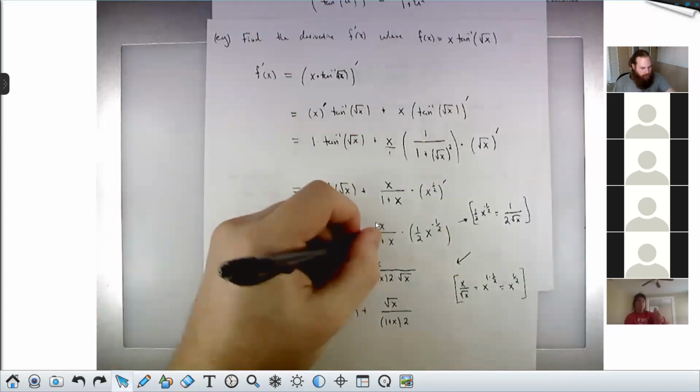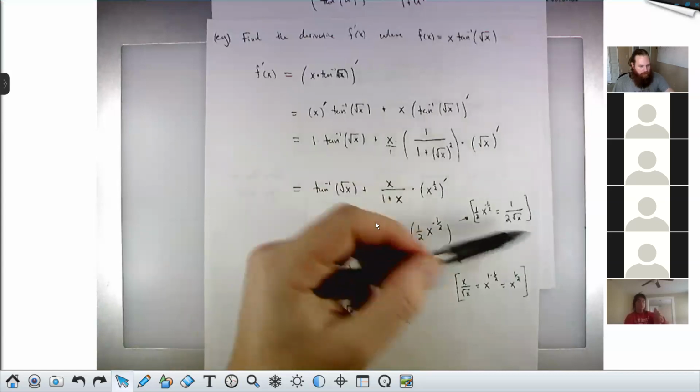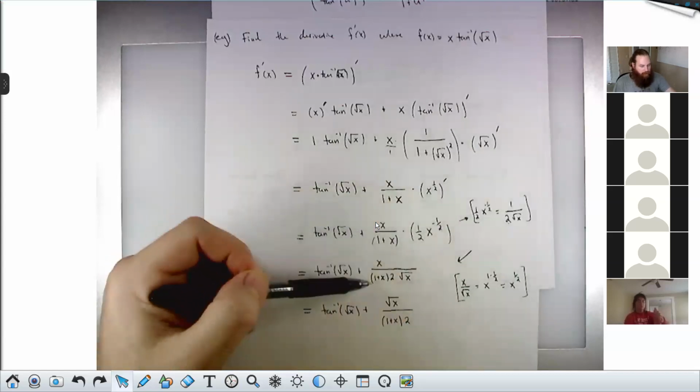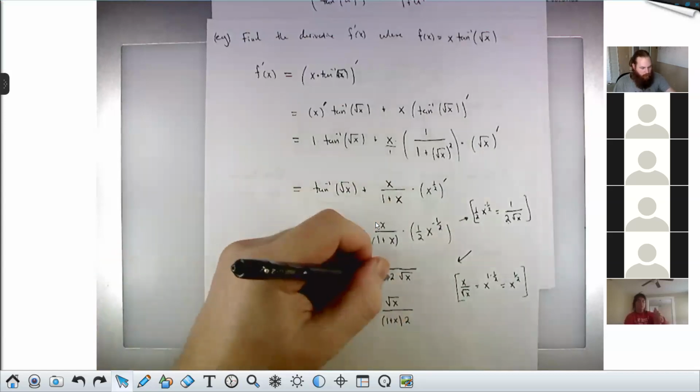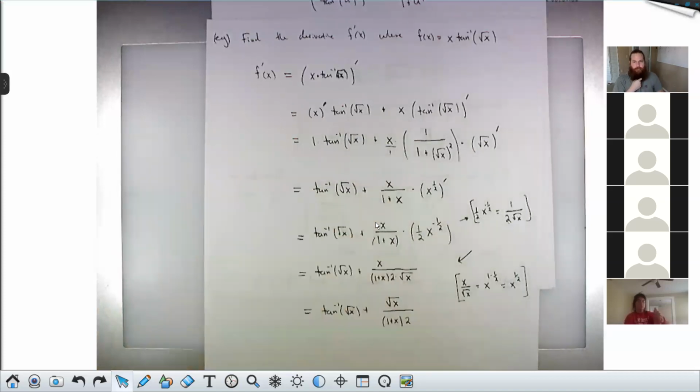And then I multiply this denominator with this denominator, and I get 1 plus x times 2 times root x. And then my very last step: upstairs here I have x to the 1, downstairs here I have x to the 1/2. 1 minus 1/2 is 1/2. So the x over root x piece simplifies to root x.